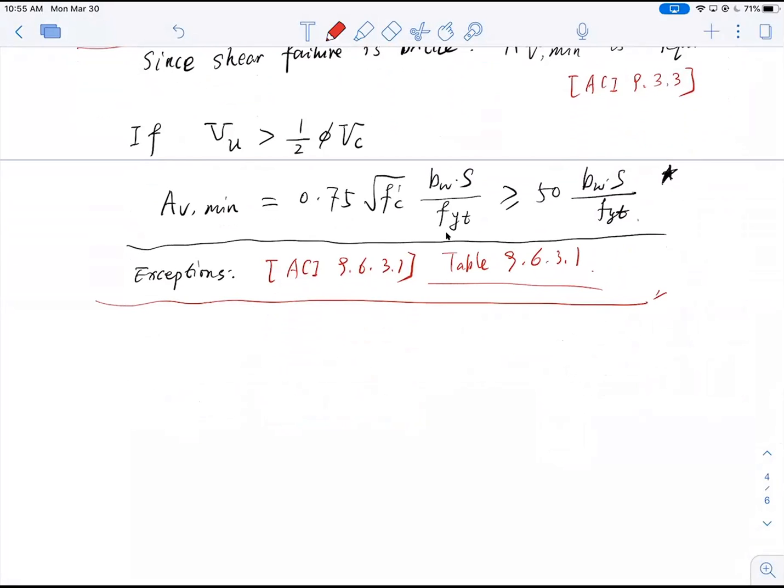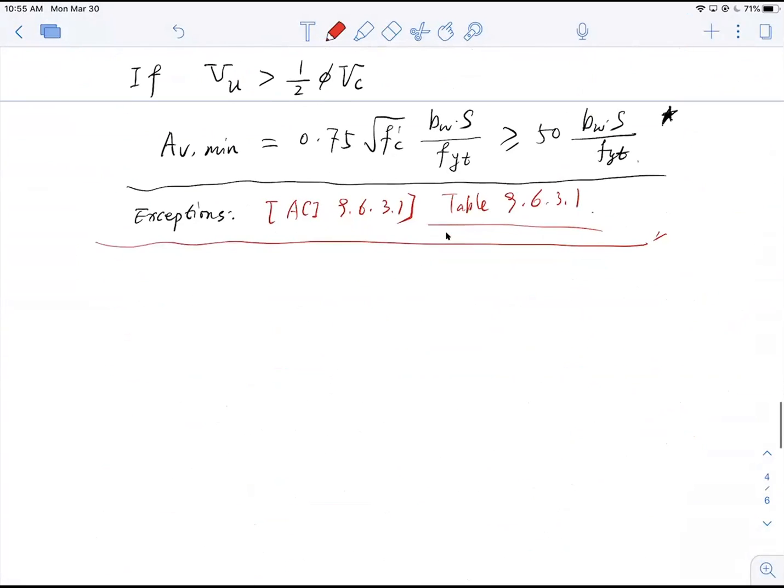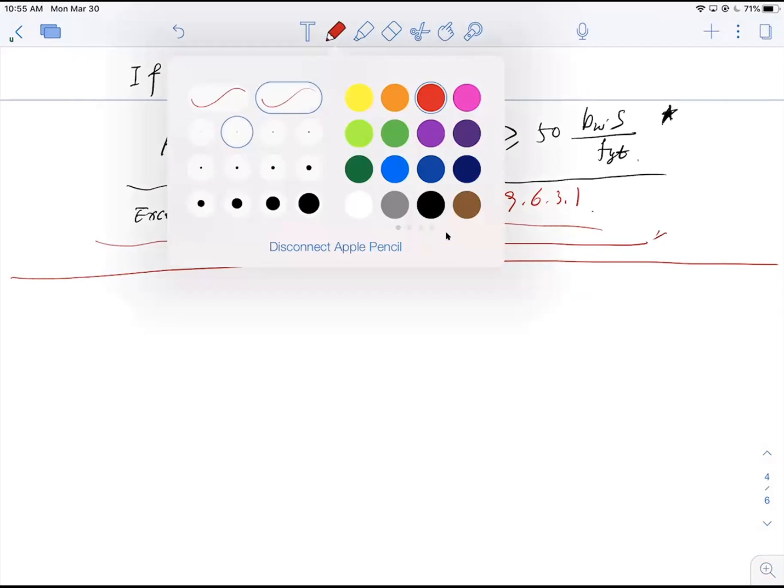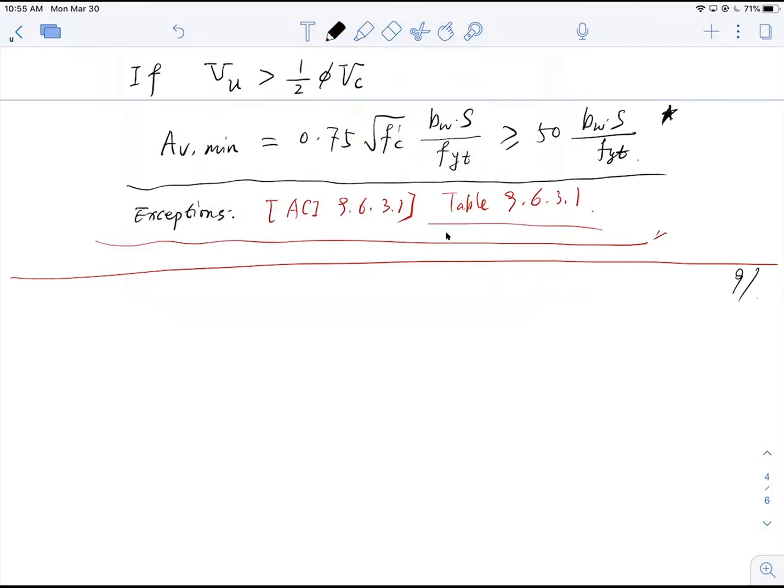Now we have a clear plan of how we design shear reinforcement. Slide number 9: how we do design of web reinforcement.